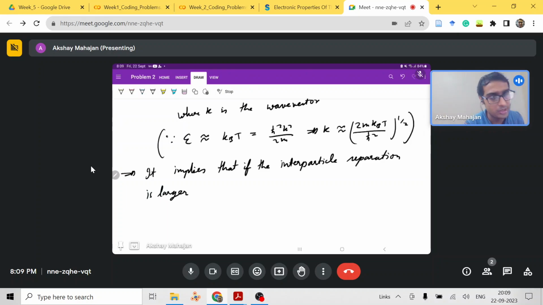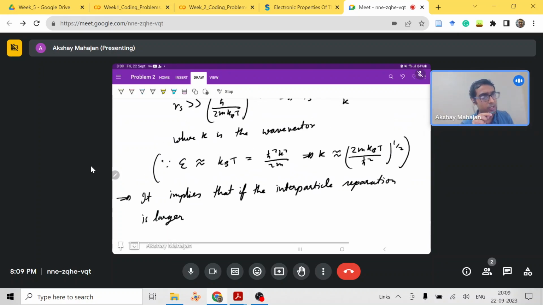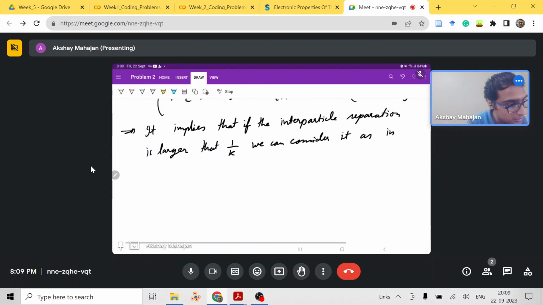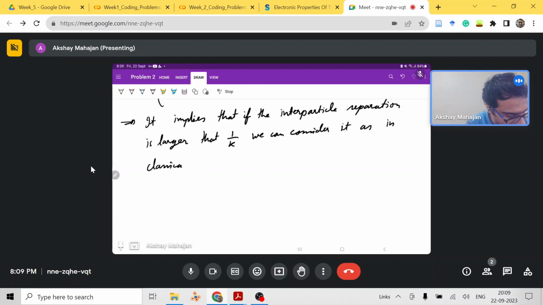You can take Rs as the kind of interparticle separation, because Rs is basically the radius of the volume where a single electron is moving. So if the interparticle separation is larger than 1 by k, we can consider it as in the classical state. So that is the significance of solving for this Rs.